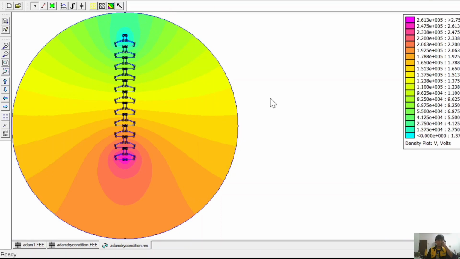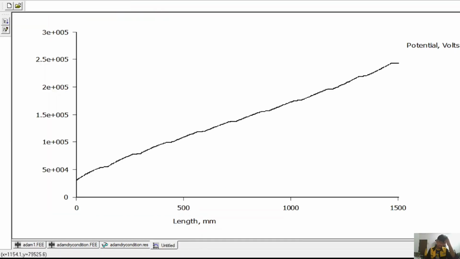So this is the density voltage. So let's plot the graph for the volt and magnitude. So this is our voltage.